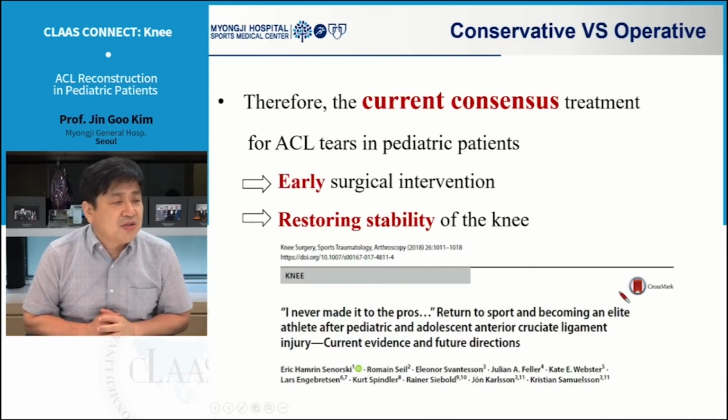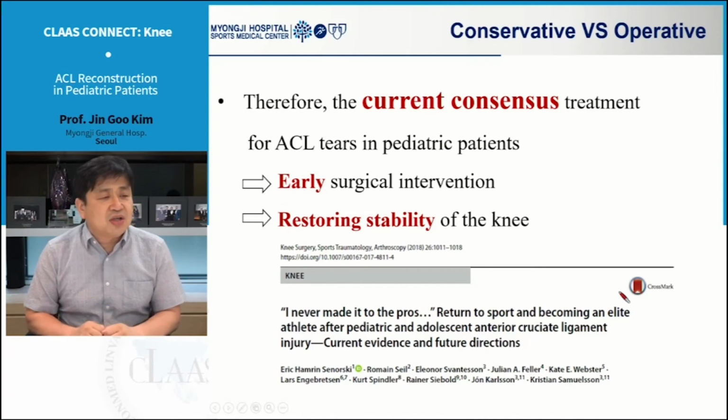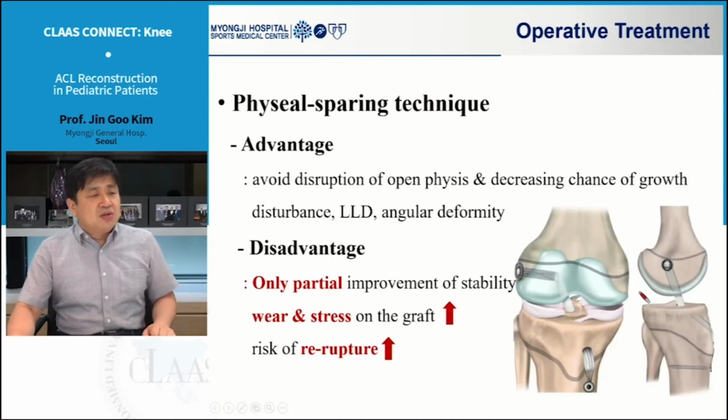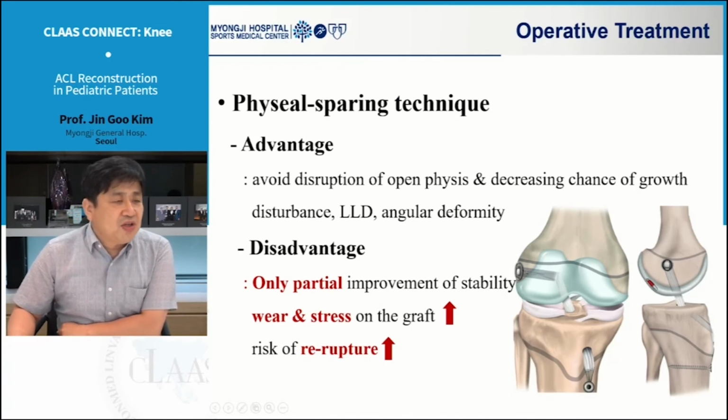So the current consensus for ACL tear in pediatric patients is early surgical intervention and restoring stability of the knee. We have several treatment options. The physeal sparing technique has the advantage of avoiding disruption of the open physis and decreasing the chance of growth disturbance, but it has the disadvantage of only partial improvement, with more stress on the graft, especially on the femur.